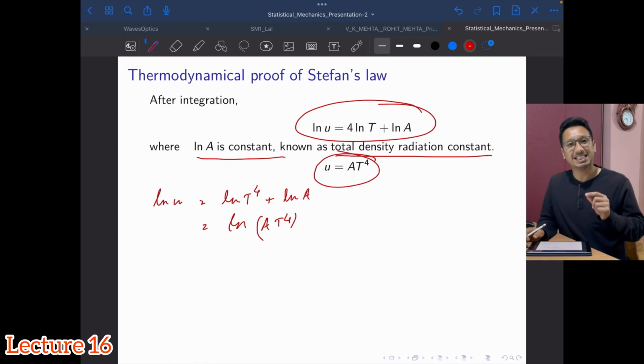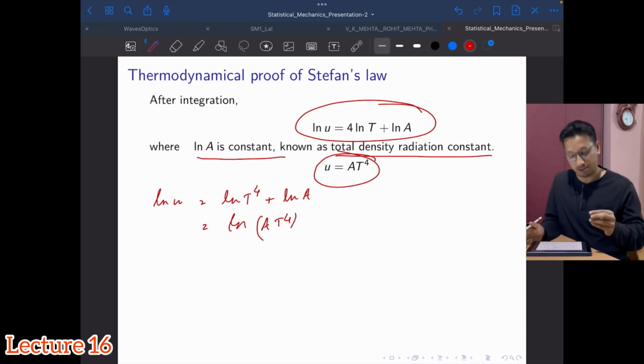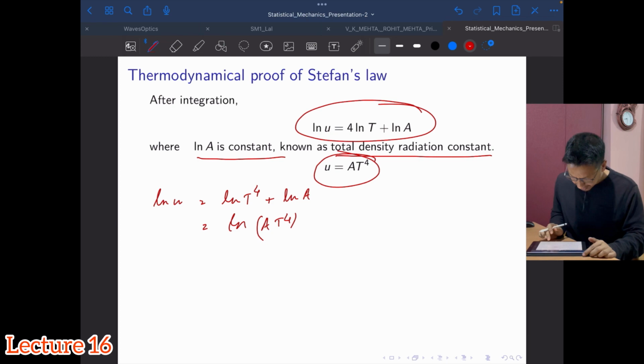The U is the energy density, which has to be somehow related to, or in fact proportional to, the radiant energy or the loss energy, right? The energy radiated by this black body must be related to the total energy density present within the enclosure, isn't it?